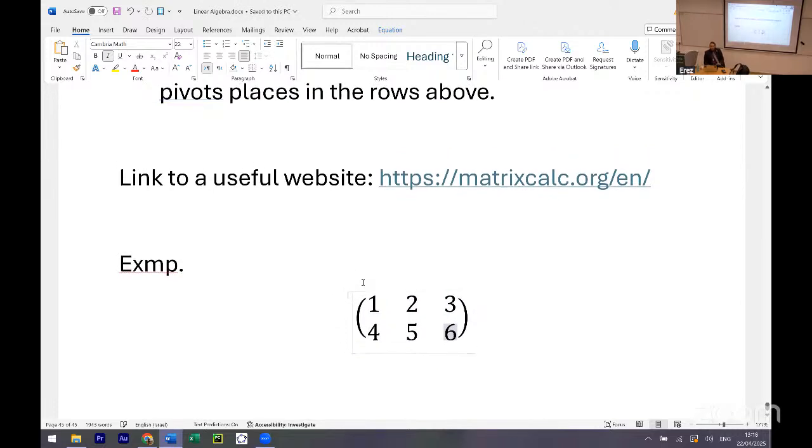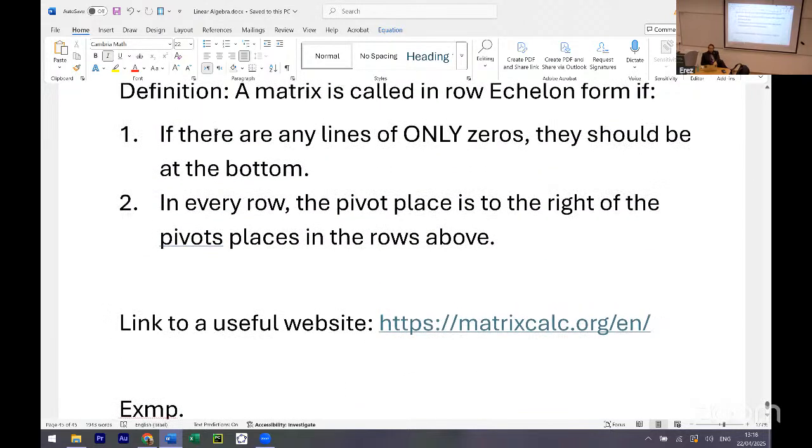Okay. Is this matrix in row echelon form? What do you think? No. So we look at the conditions. First of all, does the first condition hold?